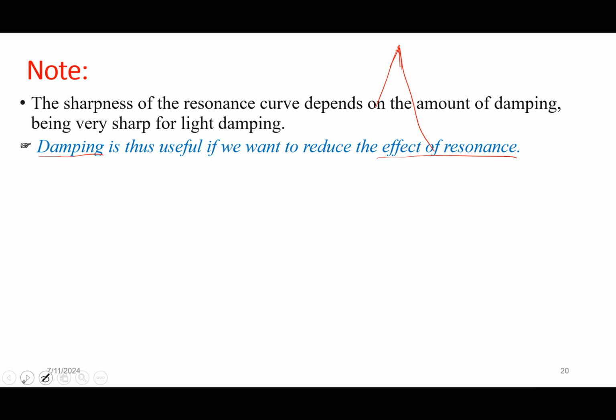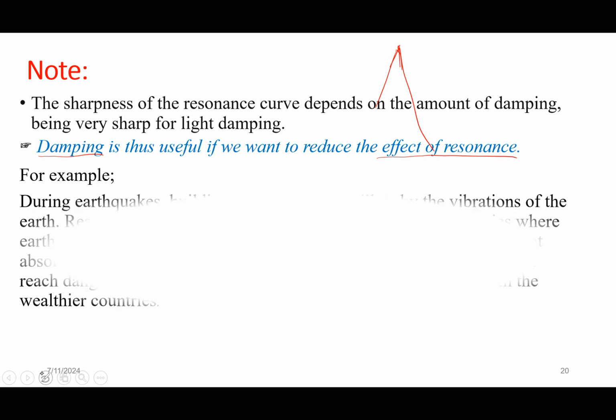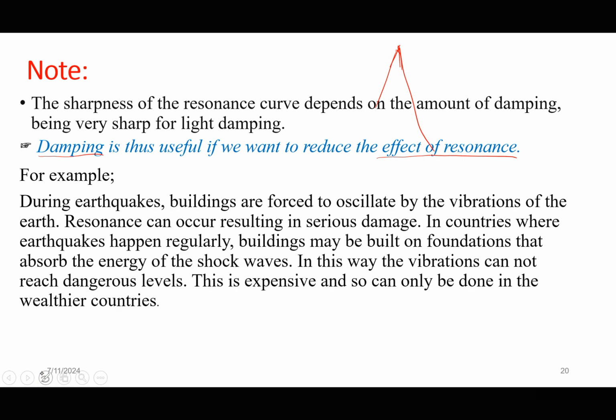A good example is in countries where they experience a lot of earthquakes, such as maybe Japan. During earthquakes, buildings are forced to oscillate by the vibrations of the earth, and resonance could occur, which would result in serious damage.